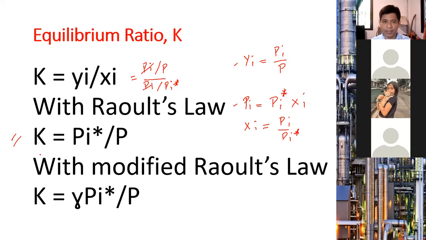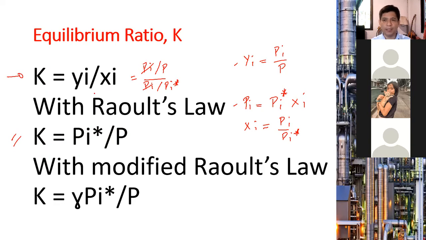Of course, yung derivation, kailangan kaya nyong gawin yan. Kasi most probably makakalimutan nyo itong formula nito ng K, itong P sub i star divided by P. Ako hindi ko natatandaan to. So diniderive ko lang talaga siya palagi dun sa definition ng K na y sub i divided by x sub i.